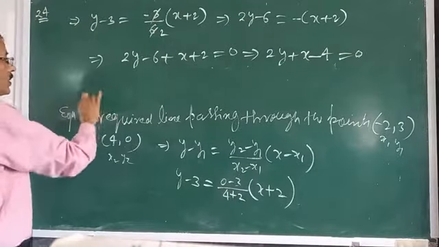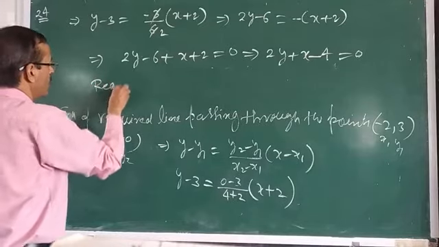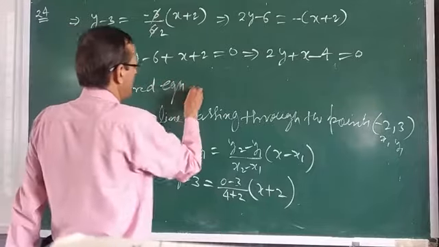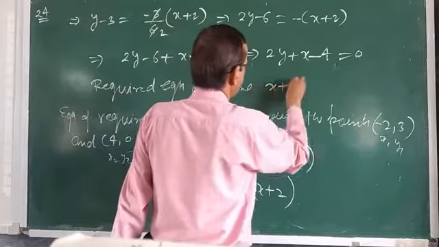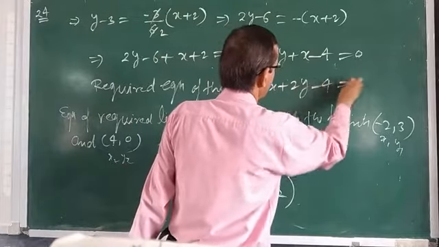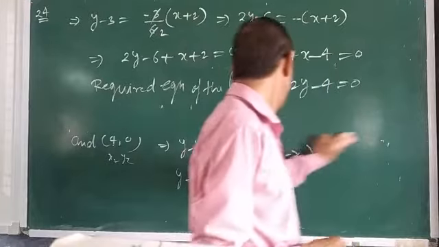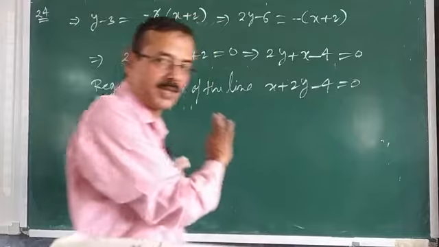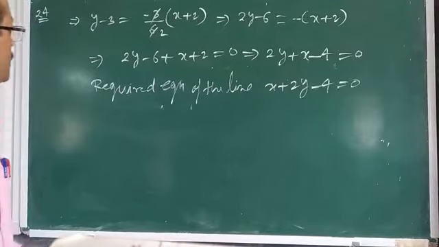So your required equation of the line is x plus 2y minus 4 is equal to 0. I hope each line is clear, that there is no doubt in this. Now next question.